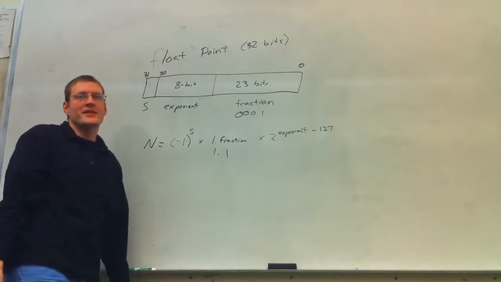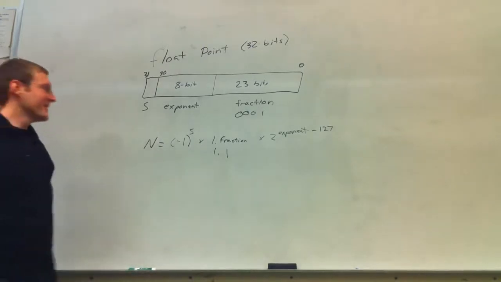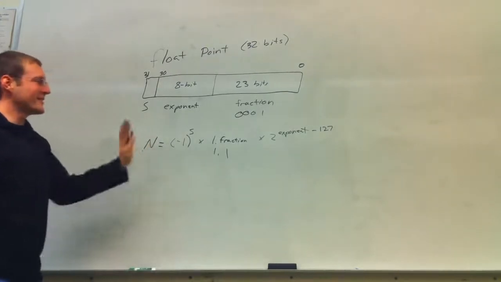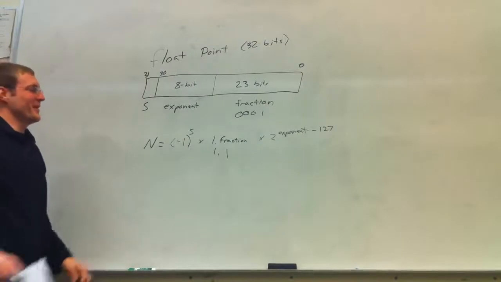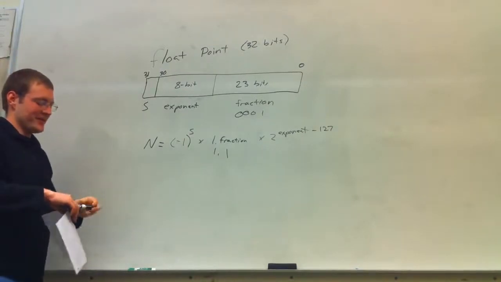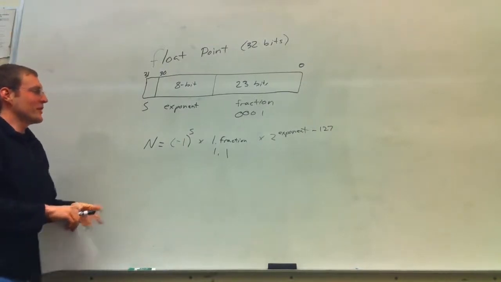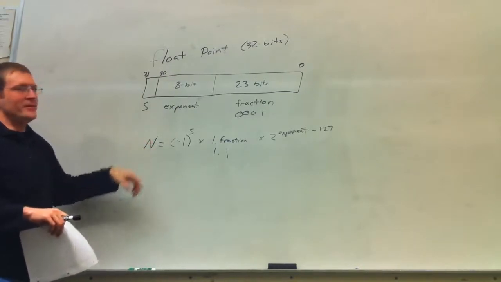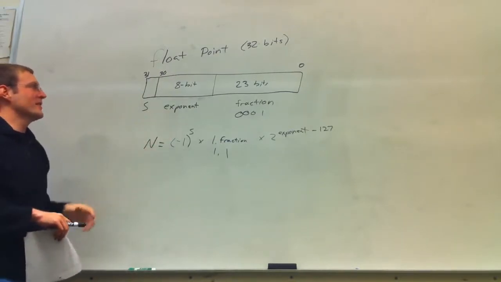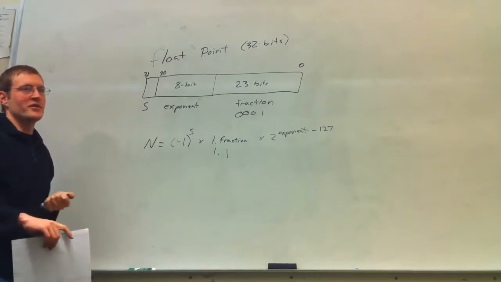Are we going to do that now? No. We're going to let someone else handle that for us. But for those who are interested, this is what it looks like in binary. All I'm probably going to ask is questions on what the bits are.